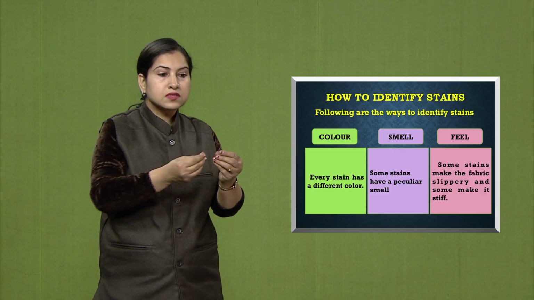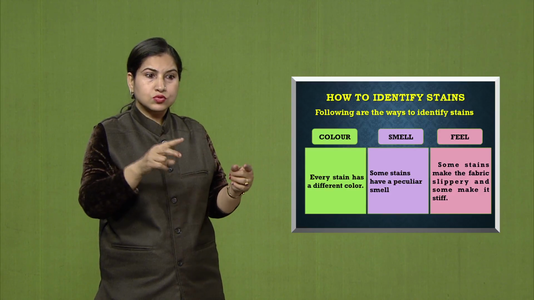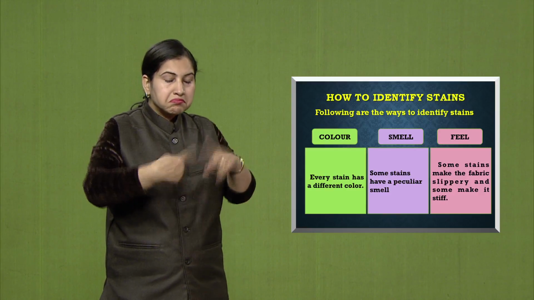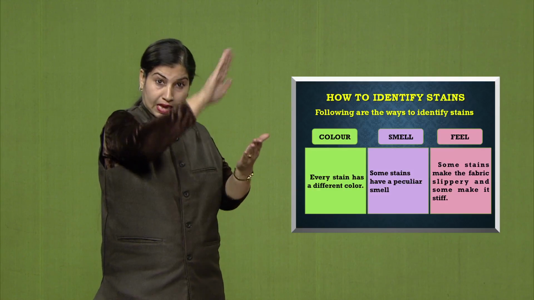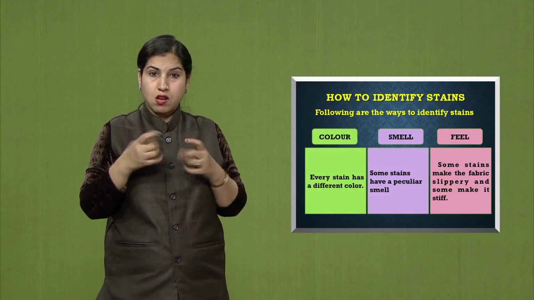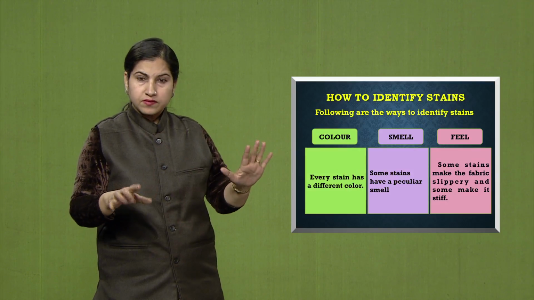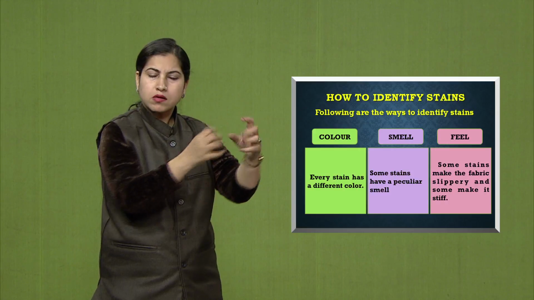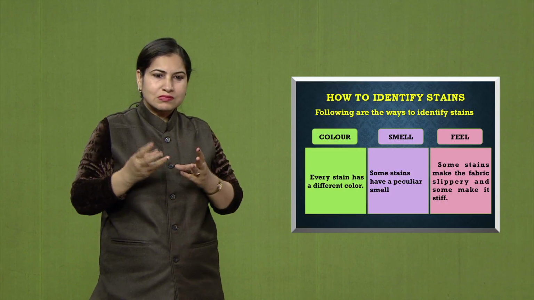Stains can also change the feel of the fabric and can thus be recognized on this basis. Have you ever observed that paint or sugar make the fabric hard and stiff to touch, whereas lipstick or shoe polish make the fabric feel slippery?